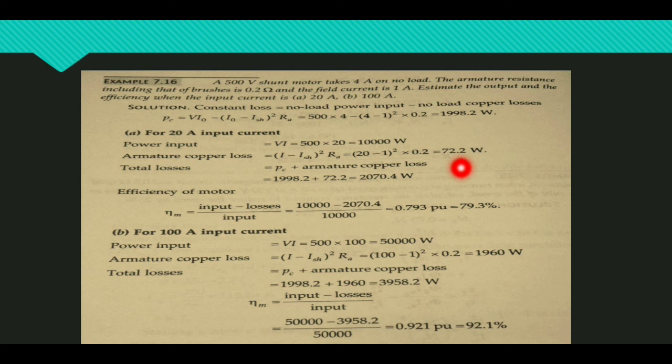And total loss means the iron loss plus the copper loss. We know the iron loss is always constant, so that is 1998.2 watt. So the total loss is the copper loss plus the iron loss, 72.2 plus 1998.2, which equals 2070.4 watt.